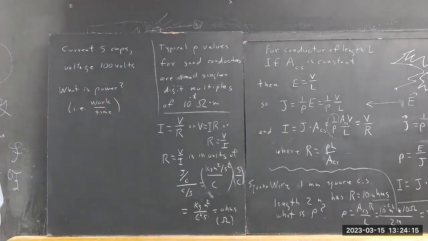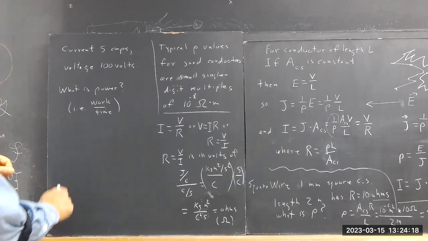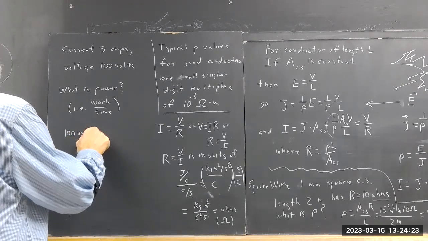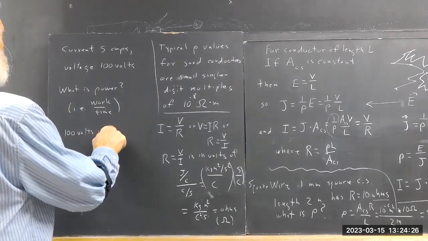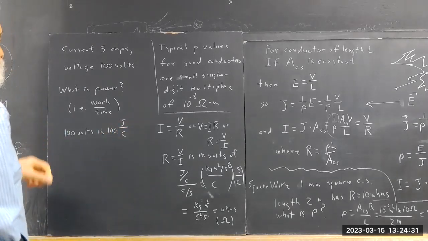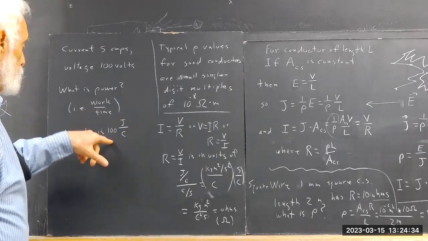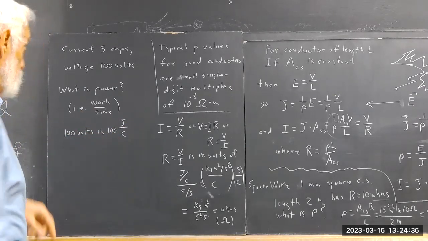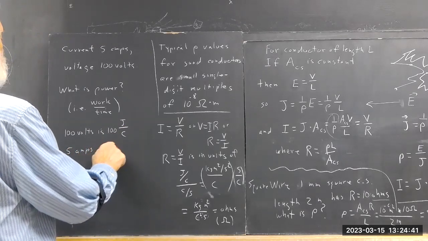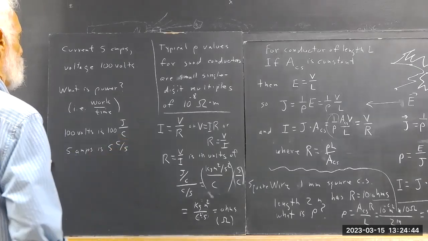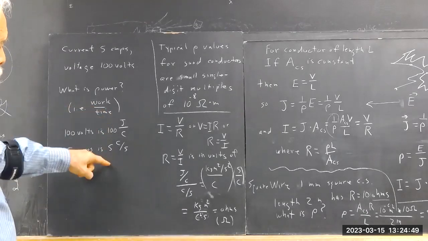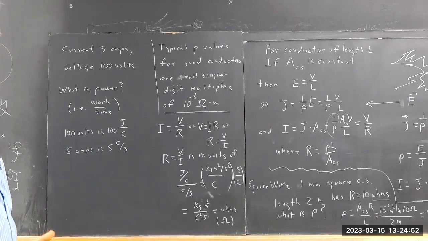Power is work over time, isn't it? That's power. 100 volts is 100 joules per coulomb. Five amps is 5 coulombs per second. Now, what will we do with 100 joules per coulomb and 5 coulombs per second? You get power.